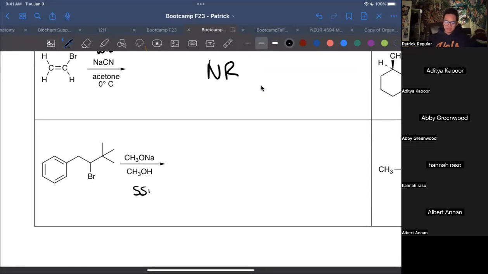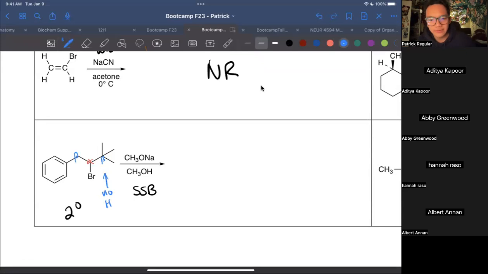Now let's take a look at this one. Small strong base, secondary is going to be Zaitsev E2 elimination. Well, first off, there are two things to note. Beta, beta, alpha. This is the more substituted beta carbon. So it would go that way for Zaitsev. But there are no hydrogens.